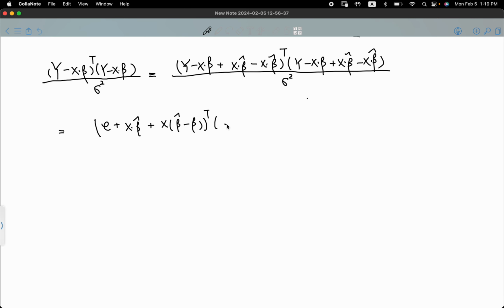Taking the transpose and then same procedures here. So far we do not change any quantity here. So the equal sign still holds.